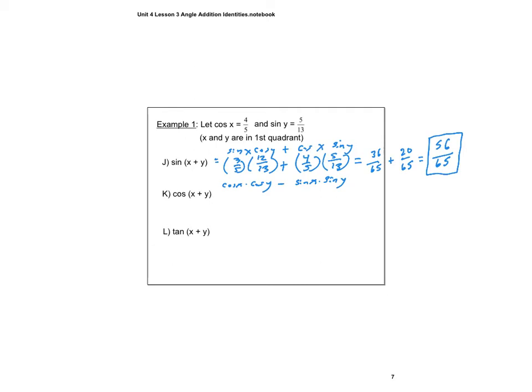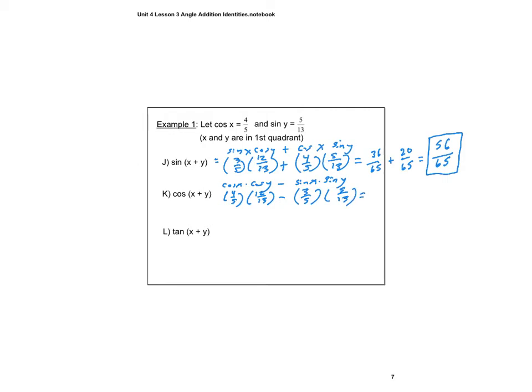So the cosine of x there, we already know what that is. We were given that. That's 4/5. We found out the cosine of y is 12/13. The sine of x there, we found that to be 3/5. And the sine of y, we were given that. That's 5/13.